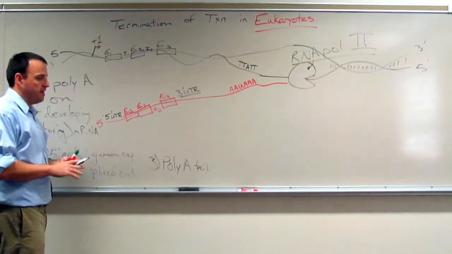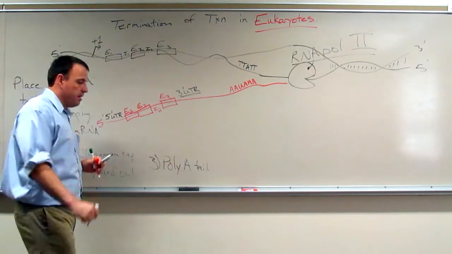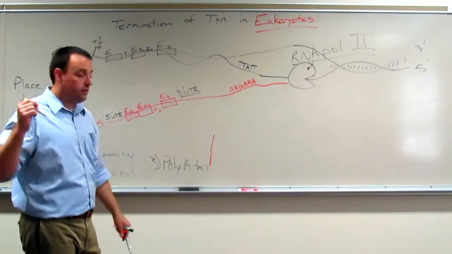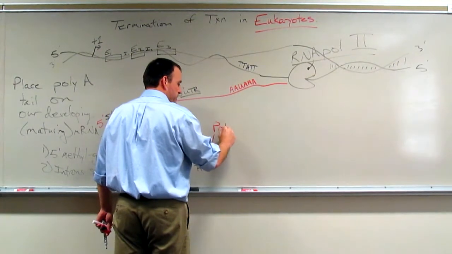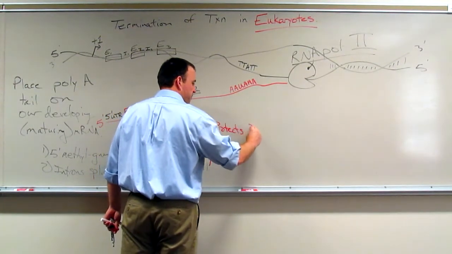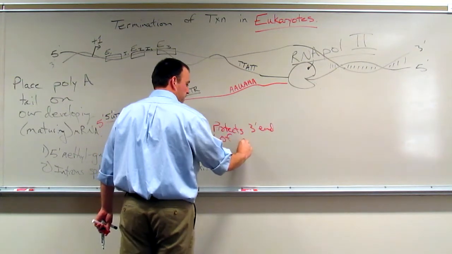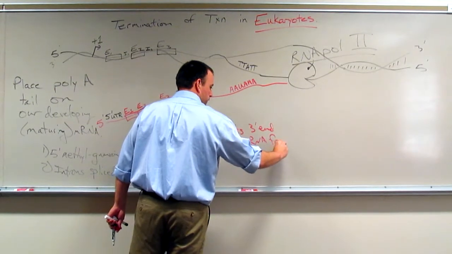Why do we need a poly-A tail? Well, a poly-A tail in transcription in eukaryotes essentially protects the 3' end of mRNAs from degradation.